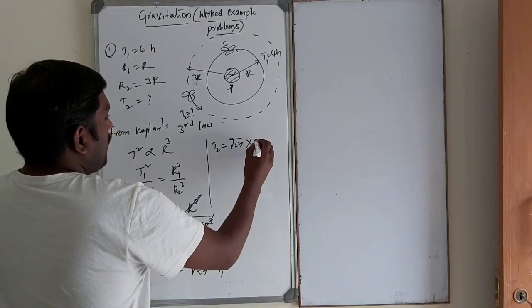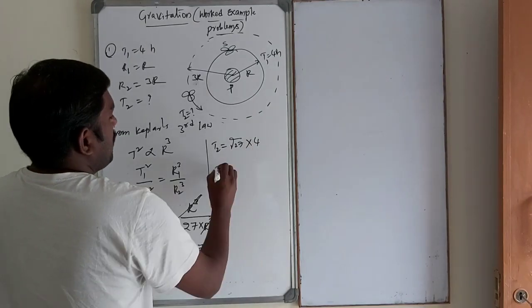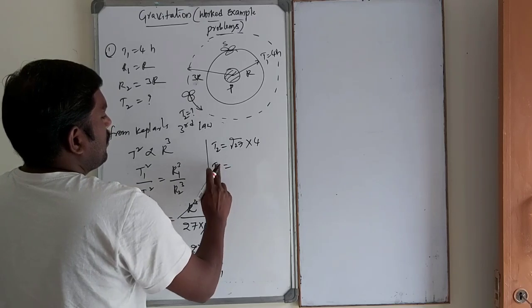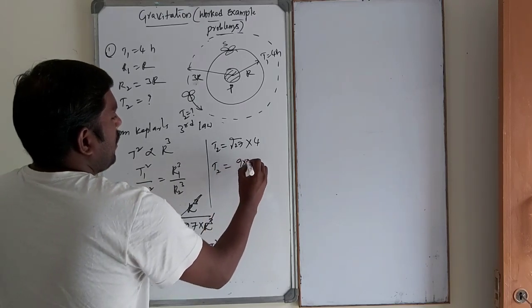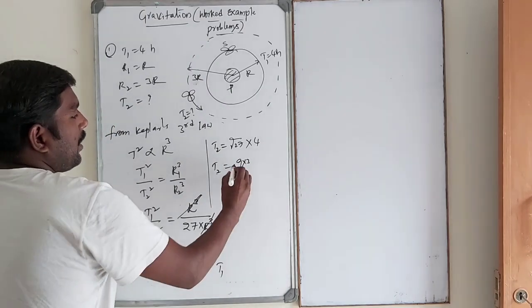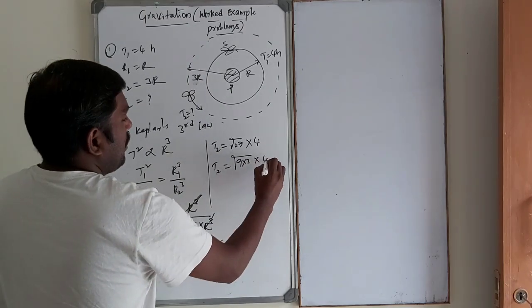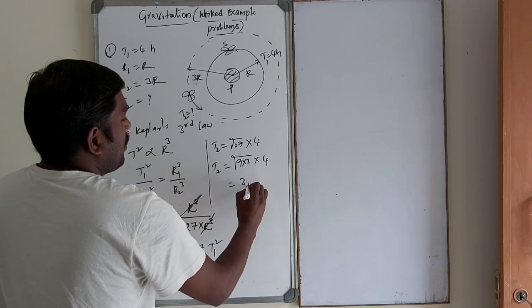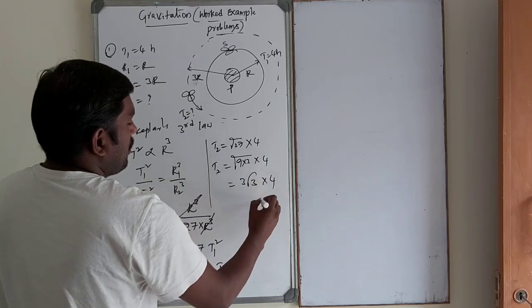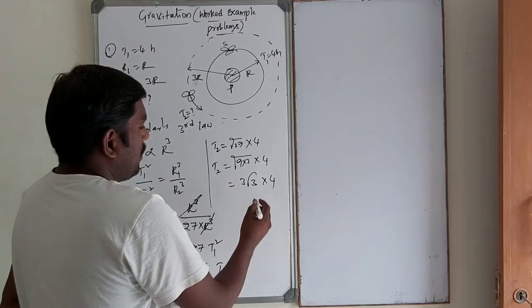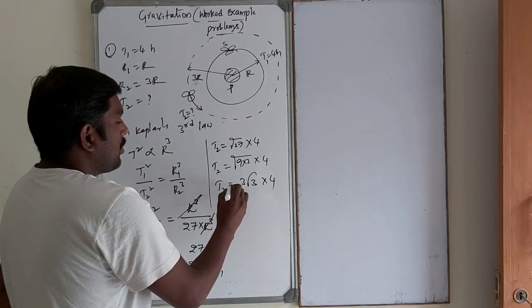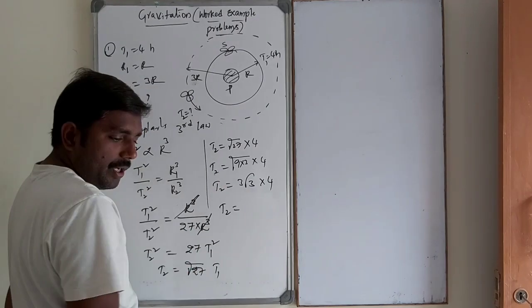What is the value of T1? 4 hours. So T2 is equal to root 27, which is root of 9 into 3, that is 3 root 3, into 4. Root 3 value is 1.73. So using a calculator, solve this.